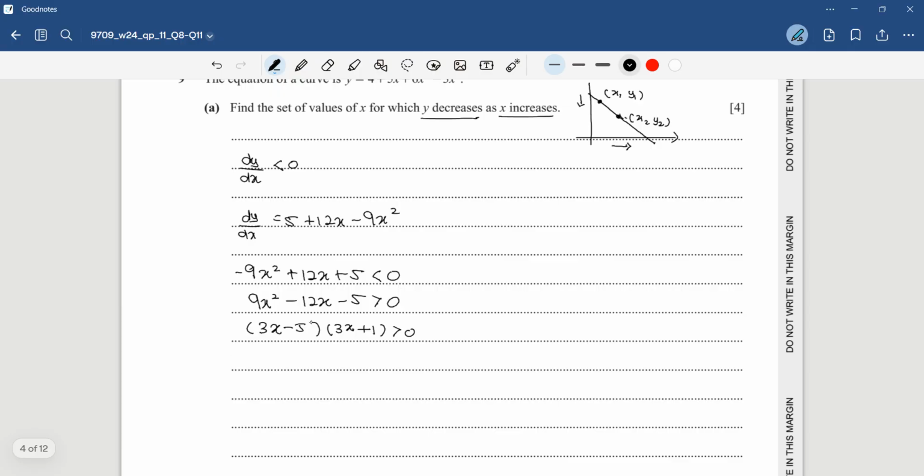From here the critical values will be x equals 5 over 3 and negative 1 over 3. So since it's more than 0 in this region, therefore x is smaller than negative 1 over 3 and x is larger than 5 over 3.